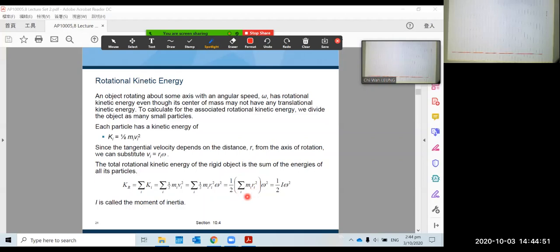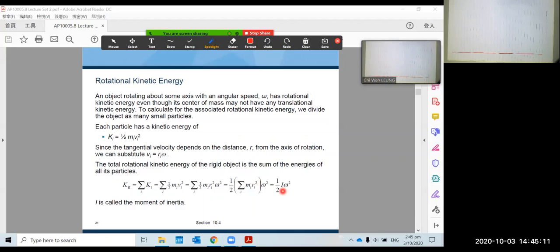So this term, the sum of m r squared for each particle, we call the moment of inertia. And this is the inertia of a rotating object about a fixed axis.